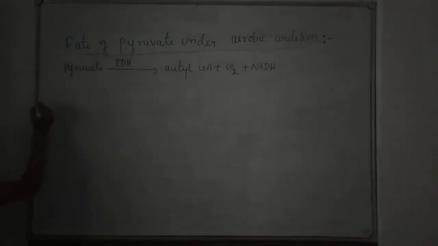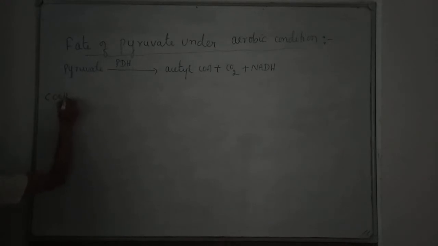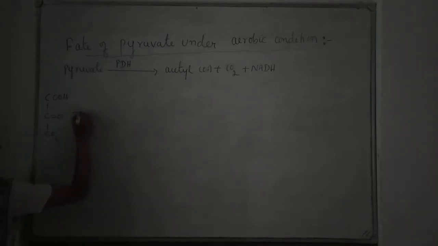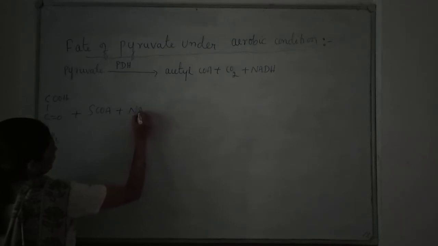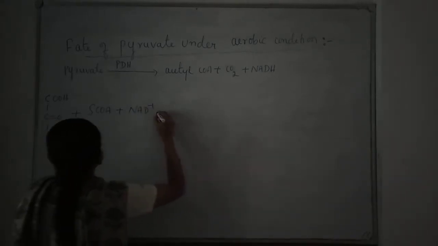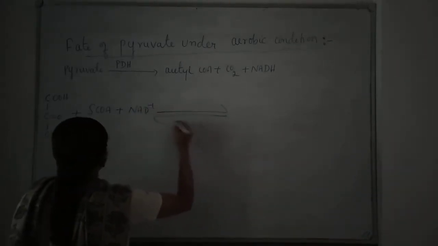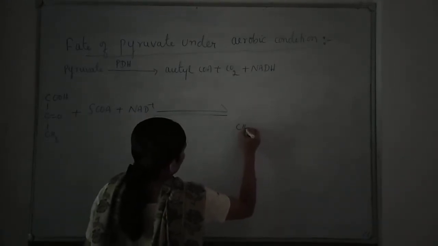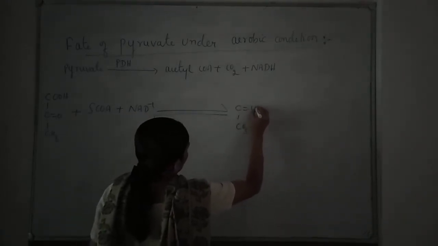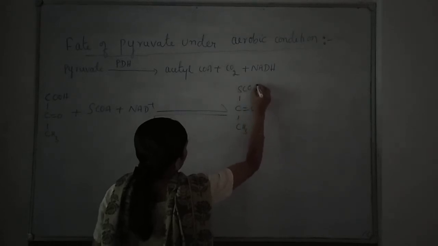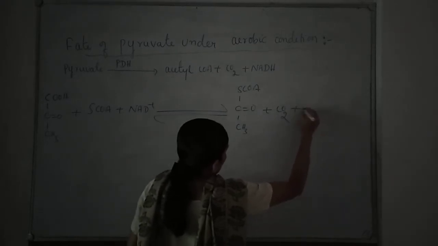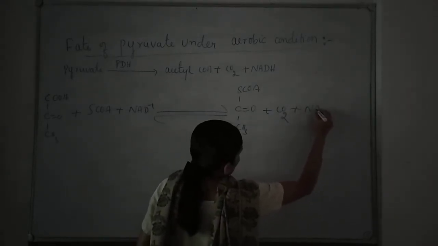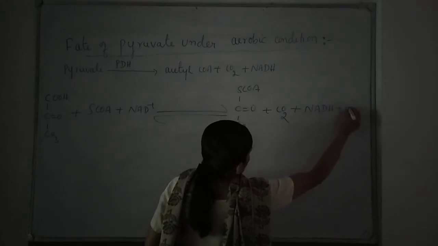Let me write the reaction now. Pyruvic acid reacts with CoA and NAD to form acetyl-CoA, plus carbon dioxide is liberated, plus NAD is converted into NADH plus H plus.